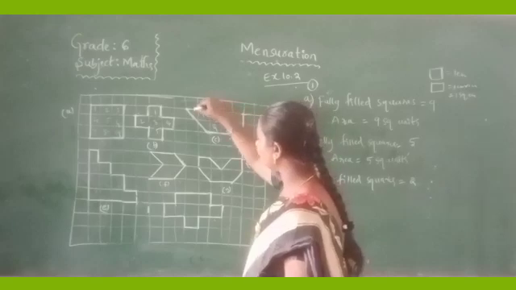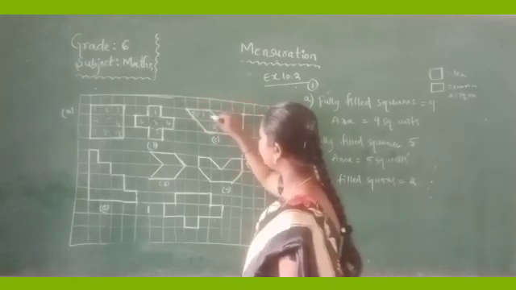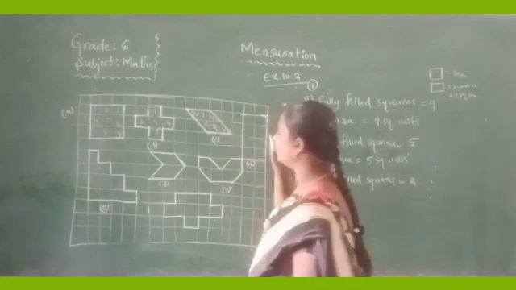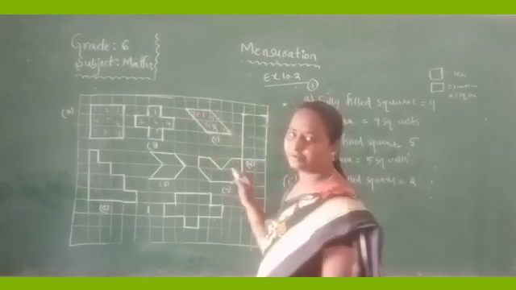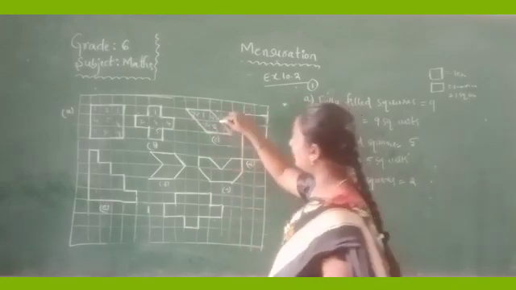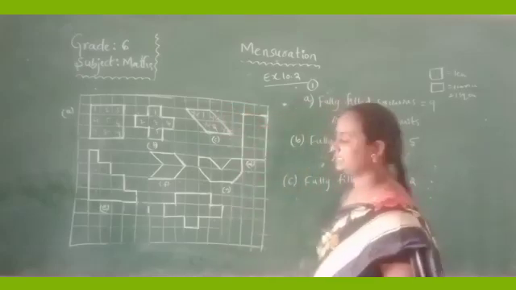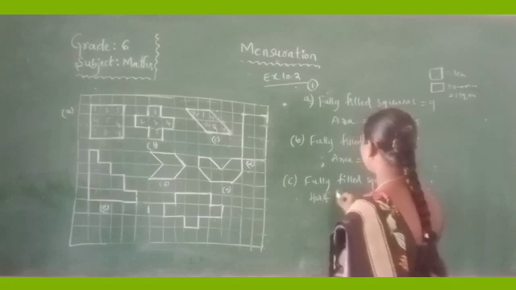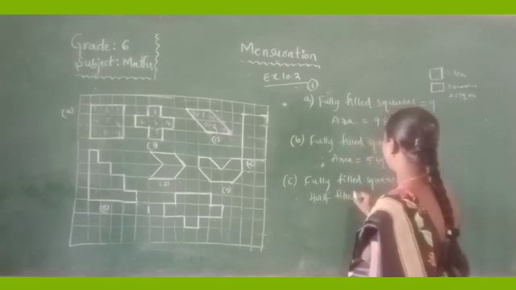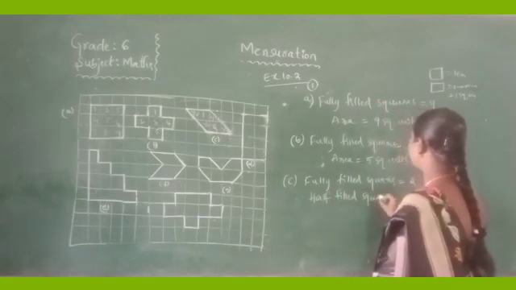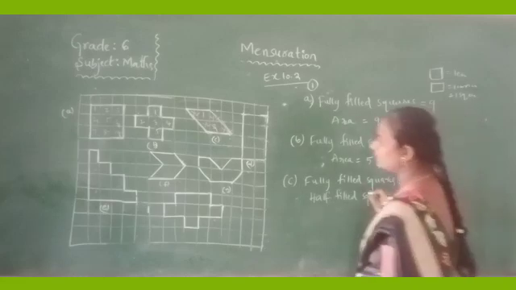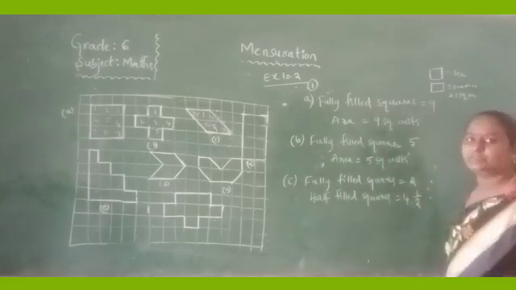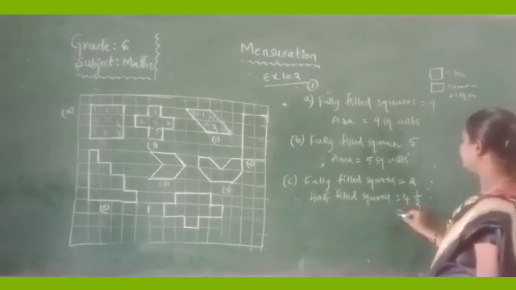Next, half squares. How many? Here 1, 2, 3, 4. These all are half filled squares. Now how many half filled squares? 4 halves.